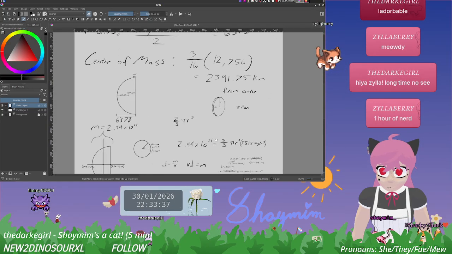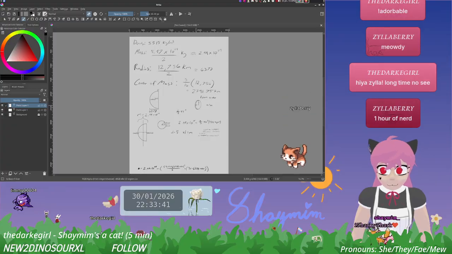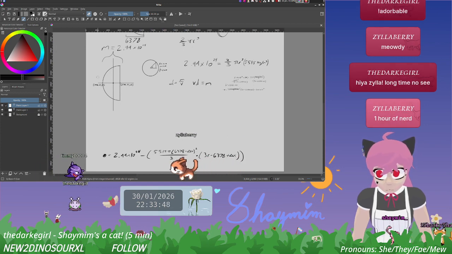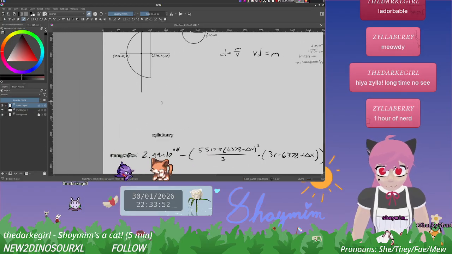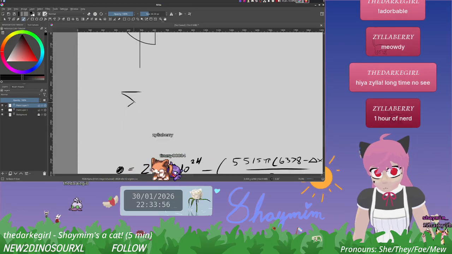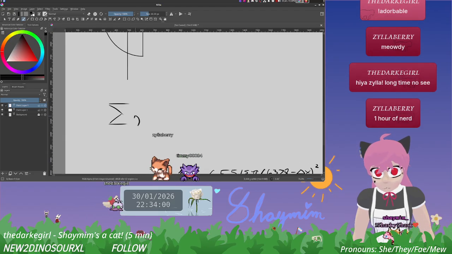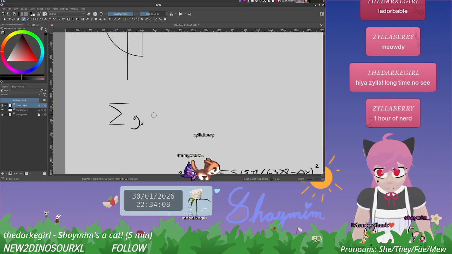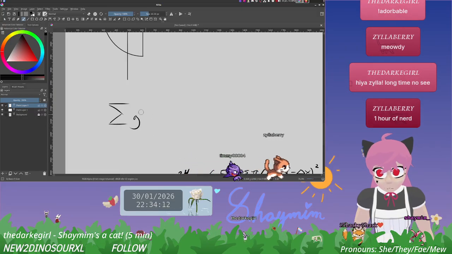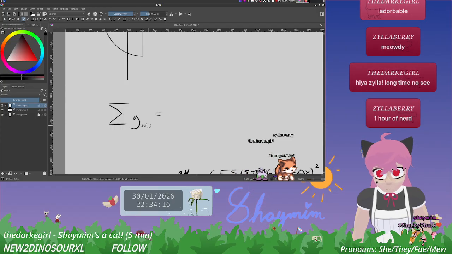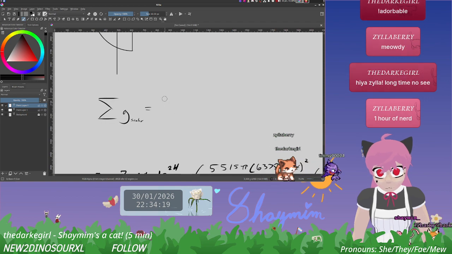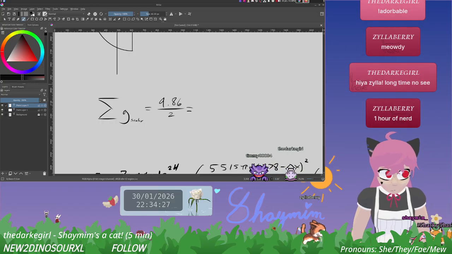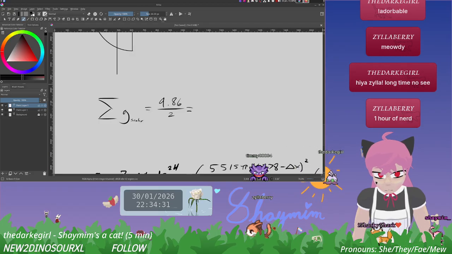And I guess if we just make life easy on ourselves, I'm going to make a dumb assumption because I'm not a physicist, and we're going to assume that the total gravity, and I guess that's technically a vector, but we're only really looking at it as a scalar, equals 9.86 over 2.